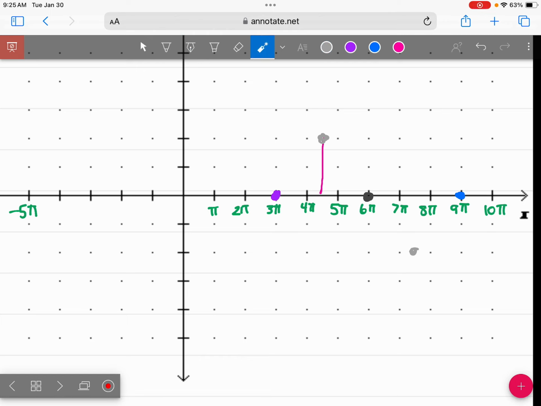The middle 0 is at the midpoint of these two, and then the high and low points are at the midpoints of these two. So it just winds up being 9 pi over 2. Since our period was so long, I counted by whole pies.